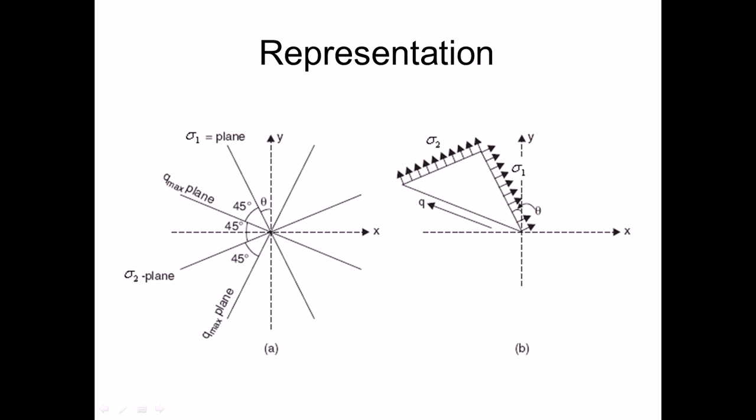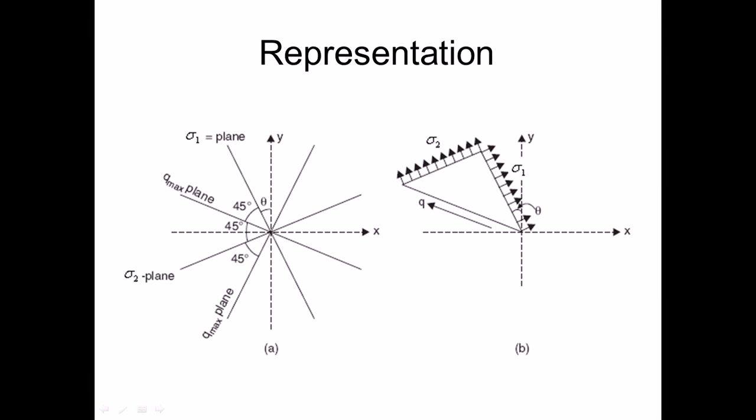This is your x-axis, sigma x, and this is sigma y. So this is a principal plane, the plane at which the major principal stress has an angle theta degree. So from this vertical plane it is theta degree, the angle at which sigma 1 is acting. From this one it will go 45 degree in anticlockwise manner, and you will get the plane of maximum shear.